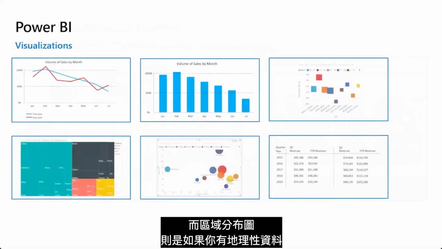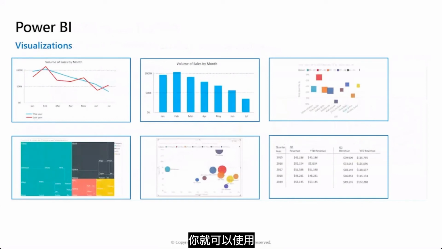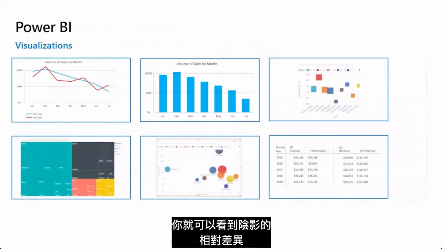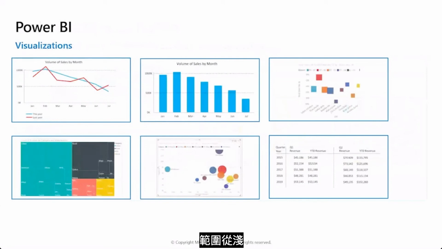And a field map is, if you've got geographical data, you can use a field map to display how a value differs in proportion across a geography or region. And so you can see the relative differences with shadings that range from light, which generally means less frequent or lower, to dark, which means more frequent or more.